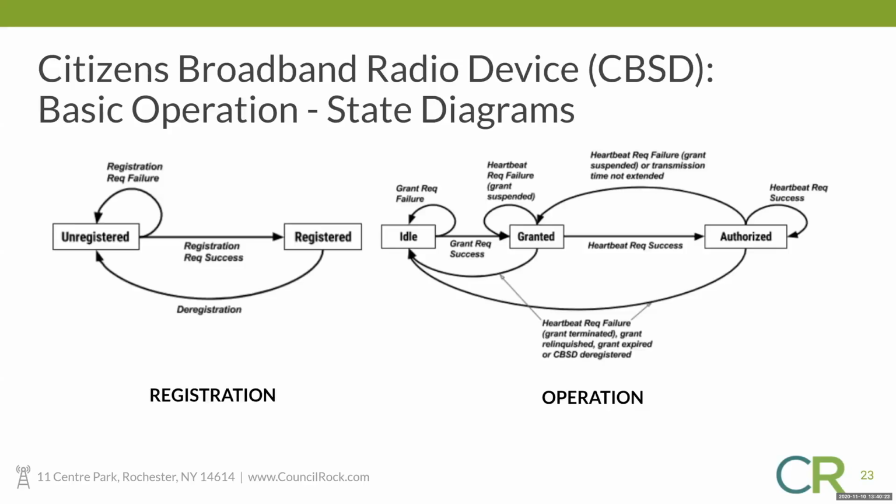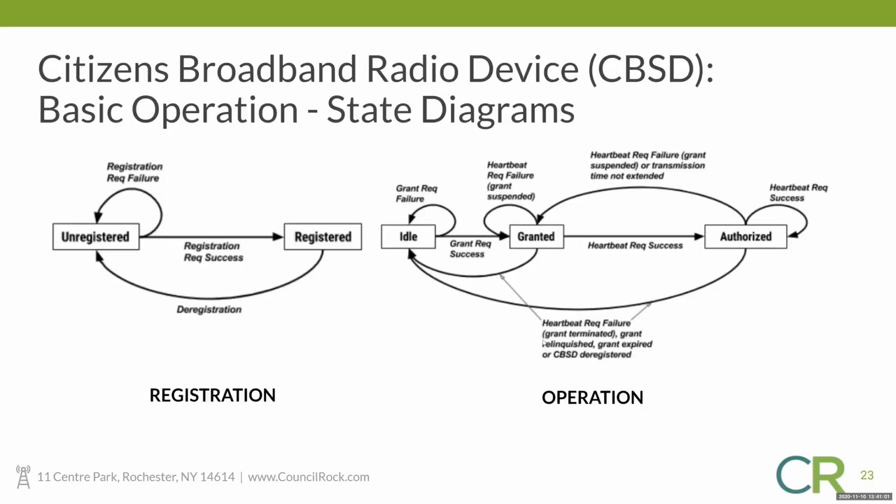Once the CBSD receives that information and says, yes, I'm going to start using this channel and transmit at this power, it sends information back to the SAS. The SAS says, okay, you're going to transmit, and sends a grant back to the CBSD. Then the CBSD starts transmitting what is called the heartbeat, which tells the SAS that it is authorized to transmit.